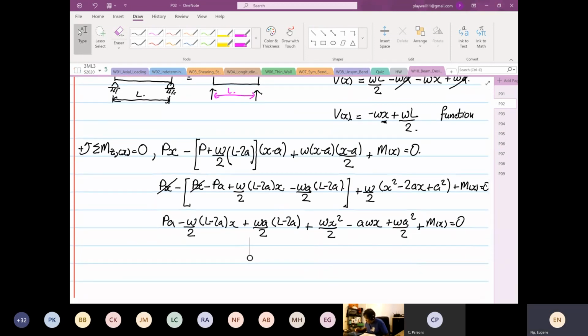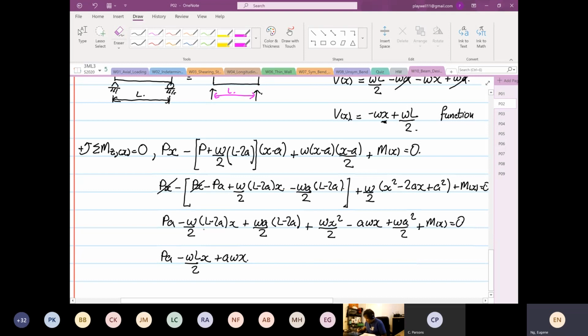Then we expand further. Okay, so Pa minus omega L over 2, so cancel x. I'm losing it again already. Plus a omega x. Let me check.